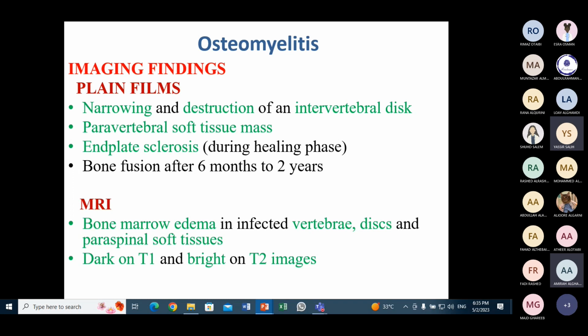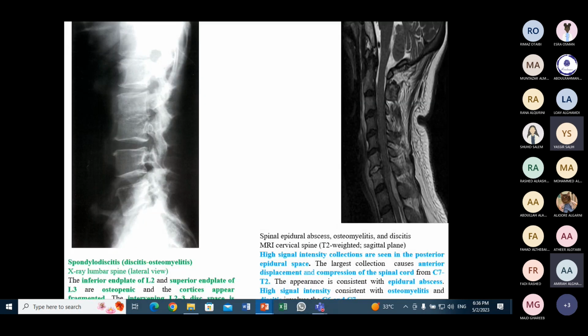Remember, one of the differential diagnoses of the small vertebral body was infection like osteomyelitis, which affects the disc spaces. On MRI, osteomyelitis appears dark on T1 and bright on T2. With contrast, there is enhancement of the vertebral body after contrast.